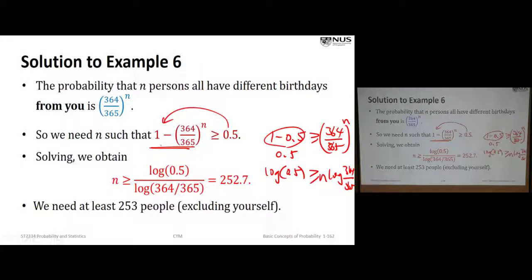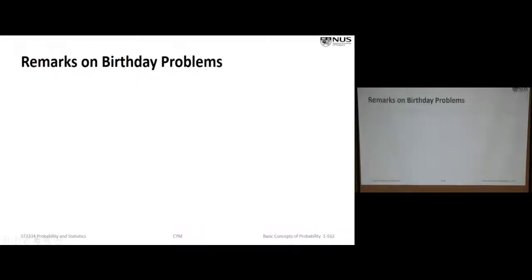So now n is, how come the inequality is reversed? According to this one, if I divide, it should be log 0.5 divided by log 364 over 365, right?